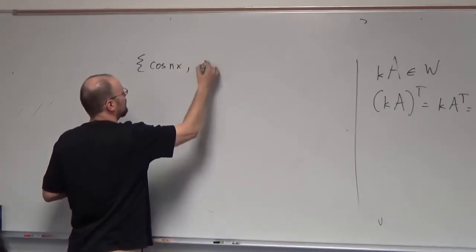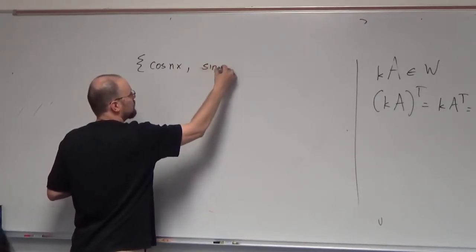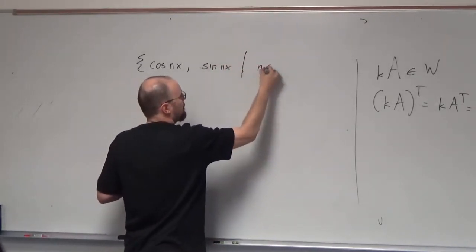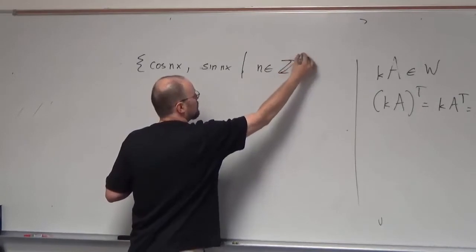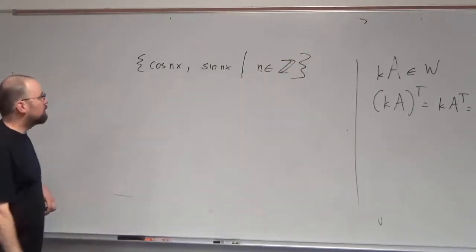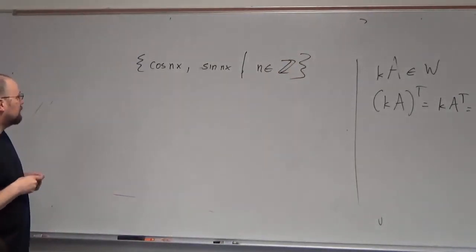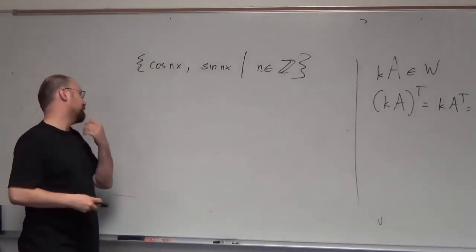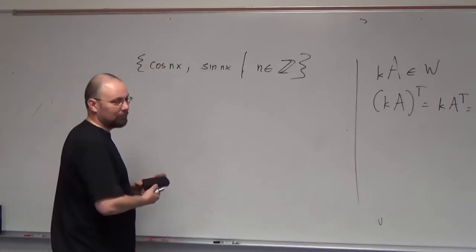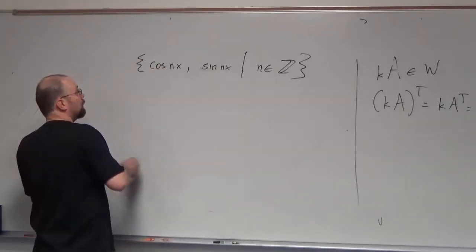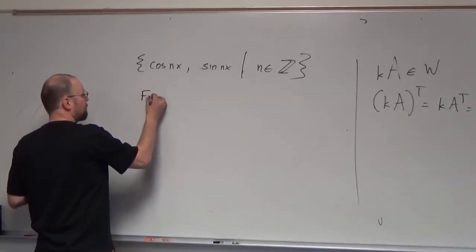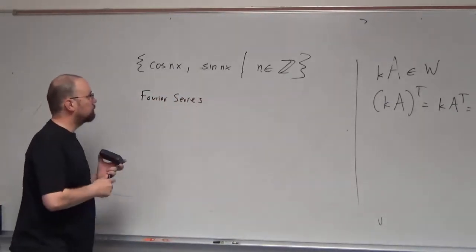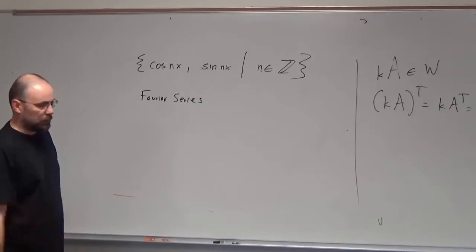Sines and cosines, where n is an integer. And this set is an important vector space because you can write functions as combinations of these. Anyway, I won't get into it. If you're into engineering or communications.